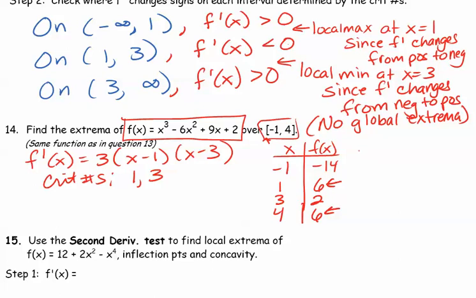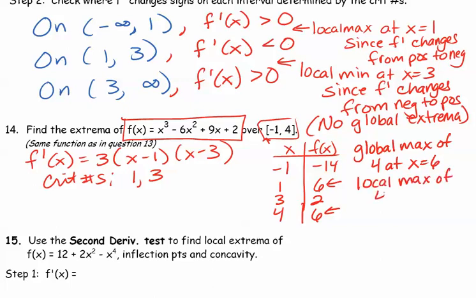So we know that we have a global max of 4 at x equals 6. We have a local max of 4 at x equals 1.